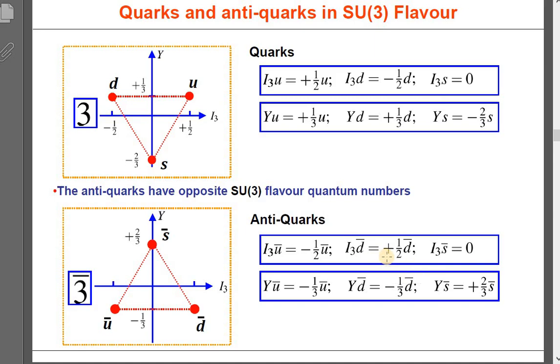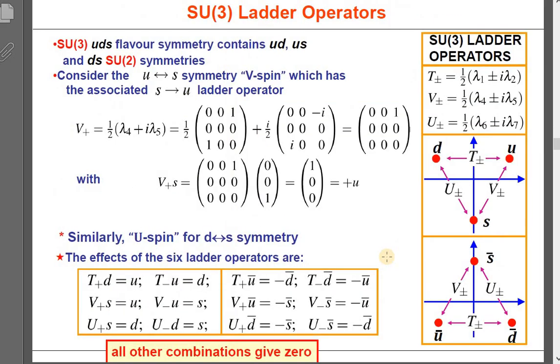Note that the antiquarks have opposite SU3 flavor quantum numbers. Another very interesting and important thing to note is that the SU3 UDS flavor symmetry contains 3 SU2 symmetries, UD, US and DS. Now if we consider just the US symmetry, then this V corresponds to the V spin which has the associated SU ladder operator.